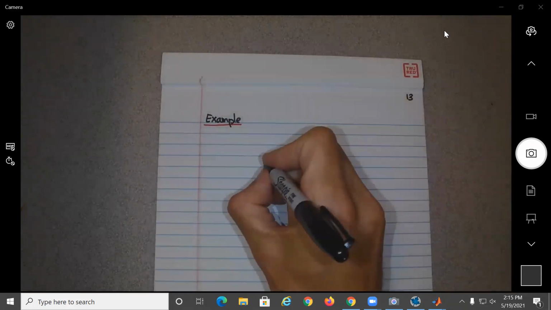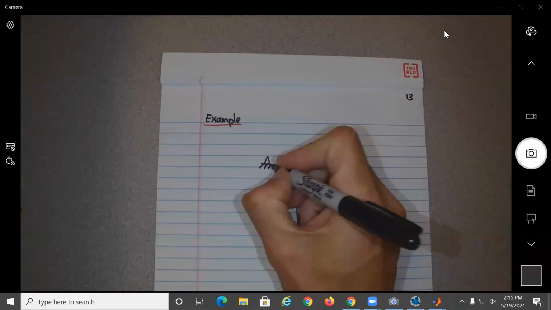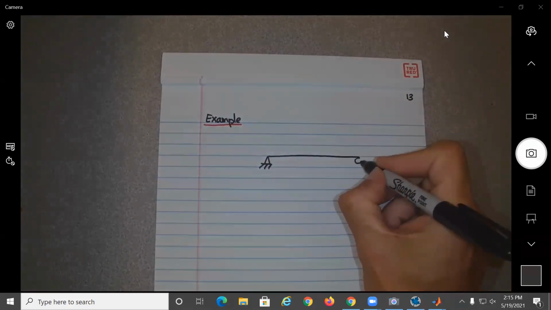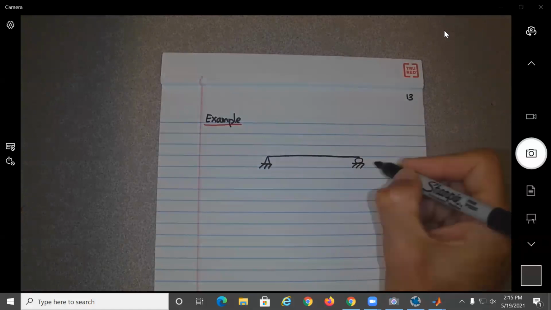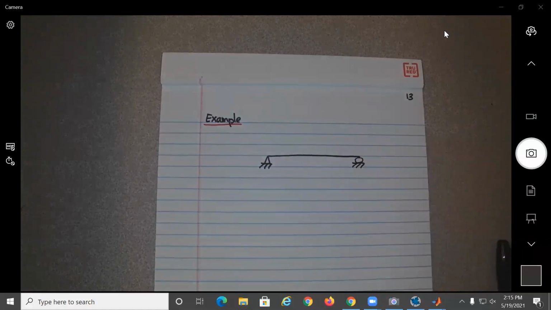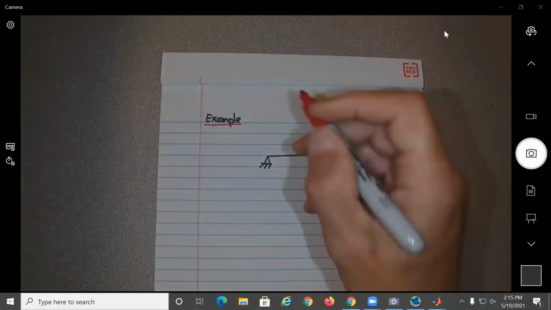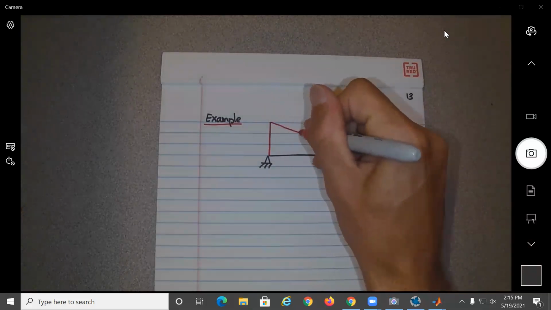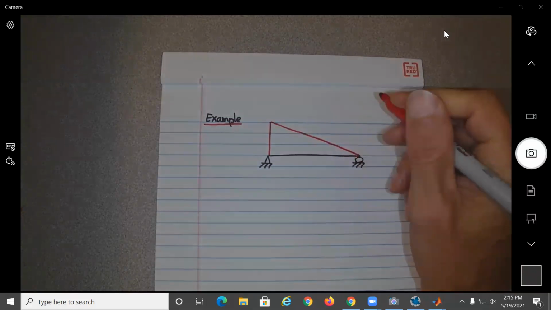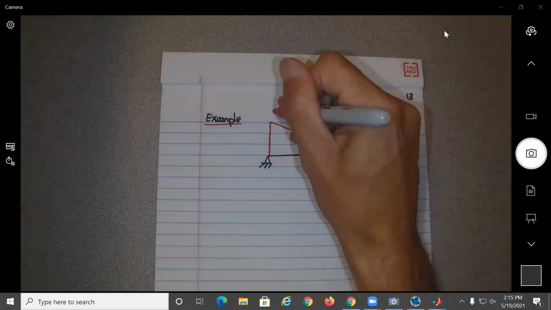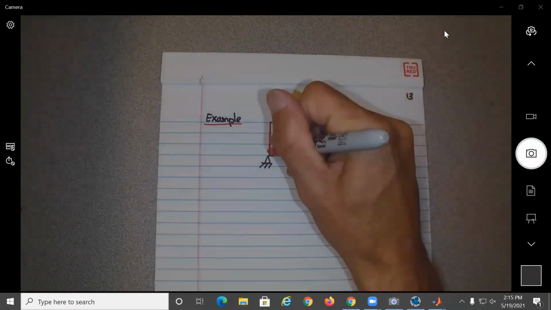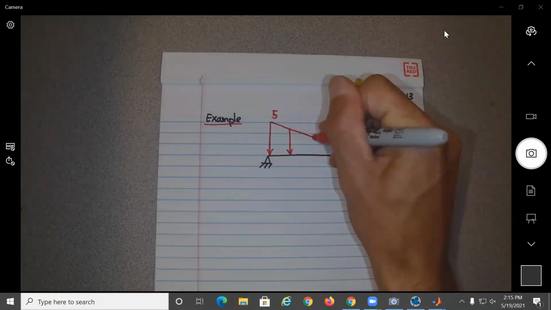So again, a simply supported beam. But this time, let's say we're going to have a distributed load. That's the value of 5 over here, 0 at the end. And let's say it's going down instead of up, okay?